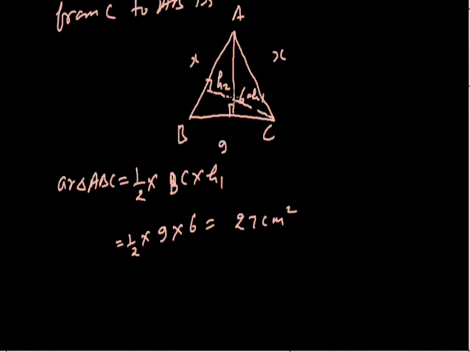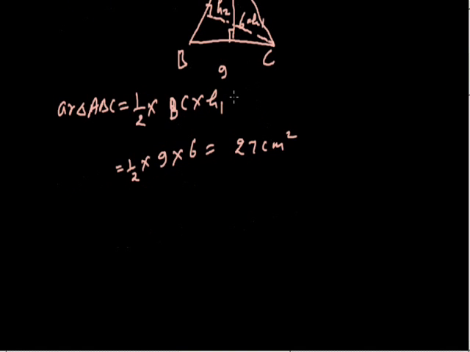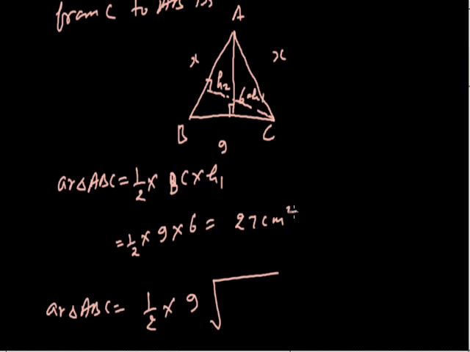It is an isosceles triangle, and we know that the formula for the area of an isosceles triangle is half base, that is 9, under root of the square of the equal sides, that is x square, minus the square of half the unequal side, that is 9 by 2 square.